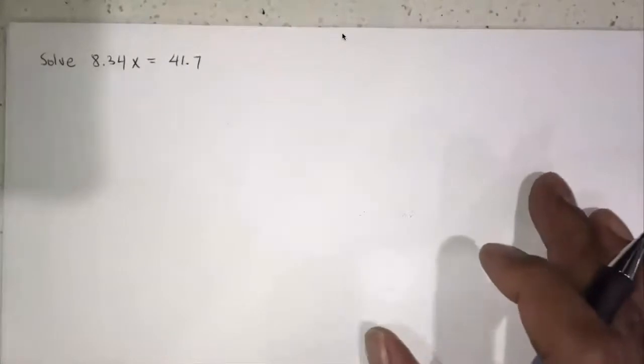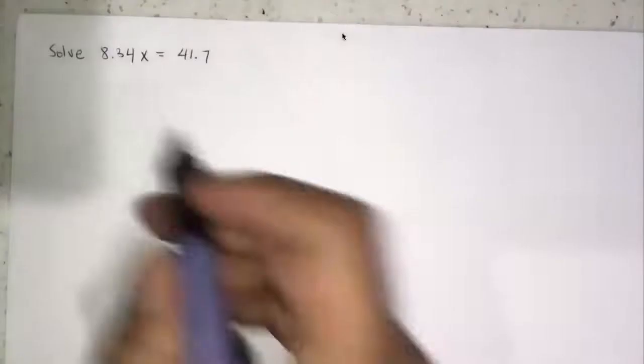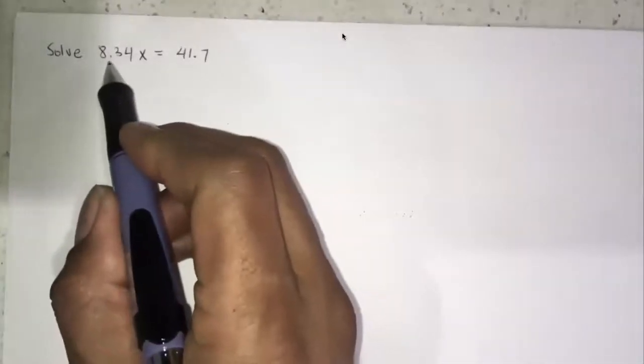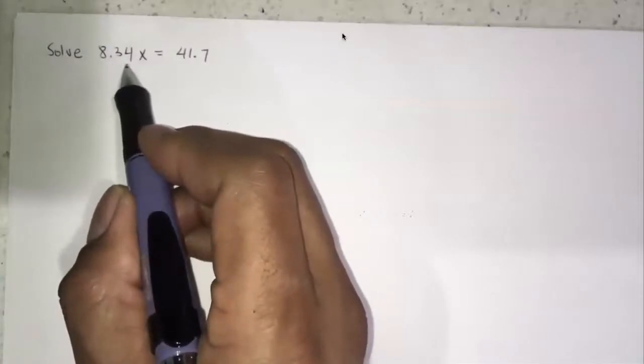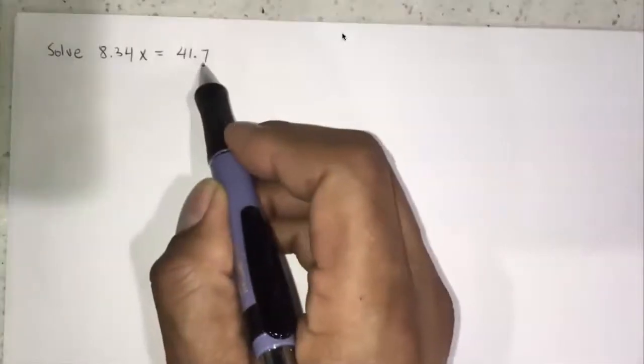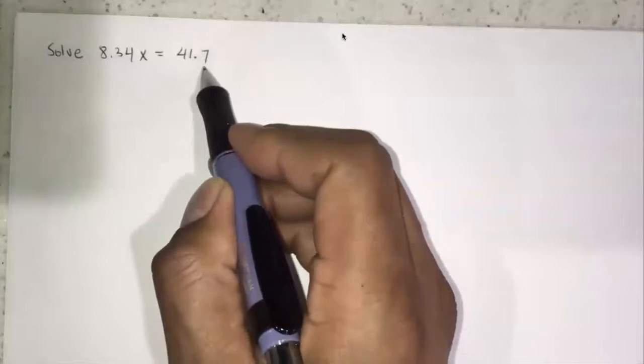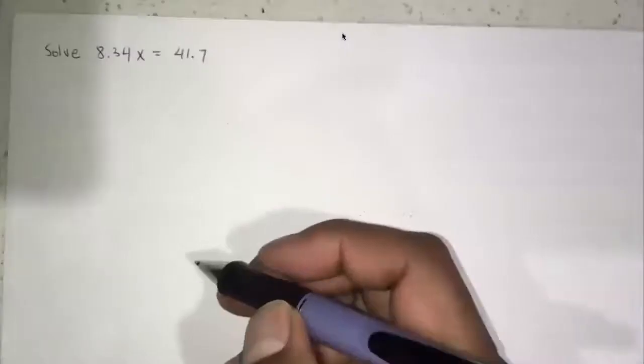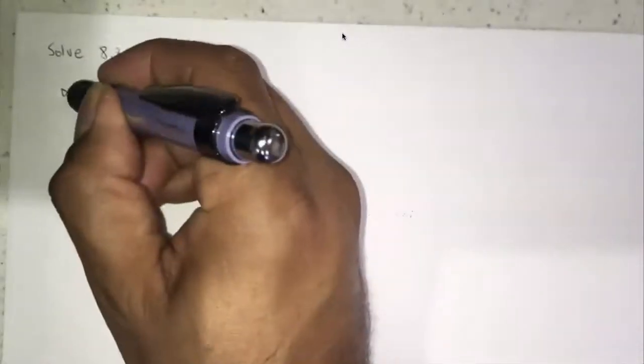All right, next problem. We're going to solve 8 and 34 hundredths times some quantity equals 41 and 7 tenths. We're going to go through what we talked about, applying the division property of equality.